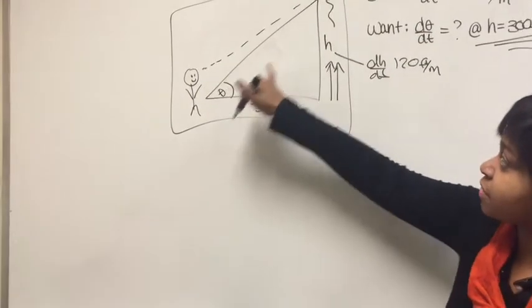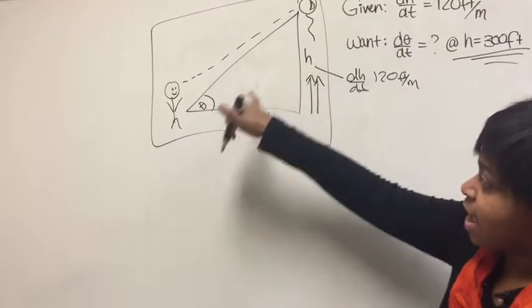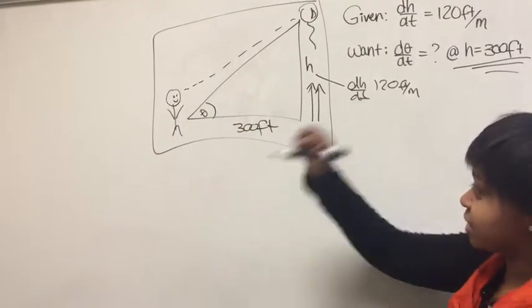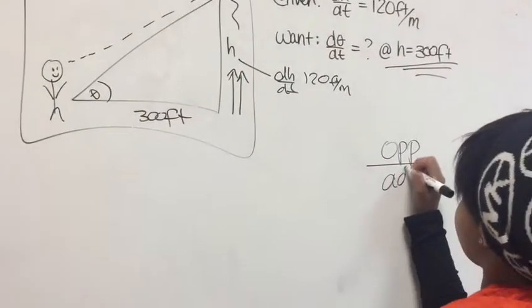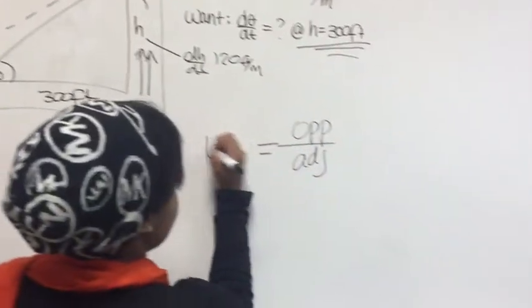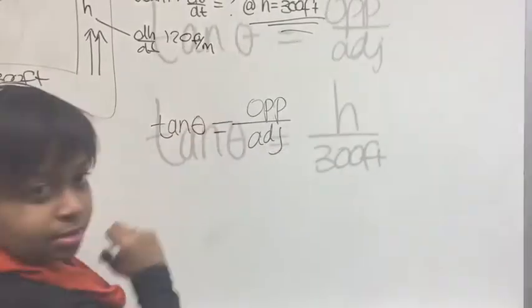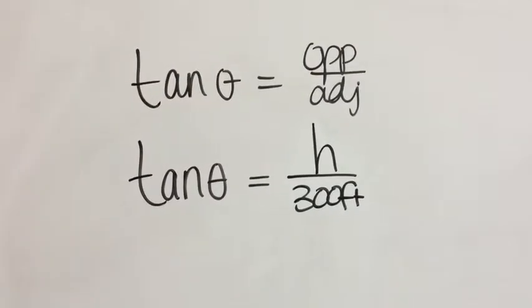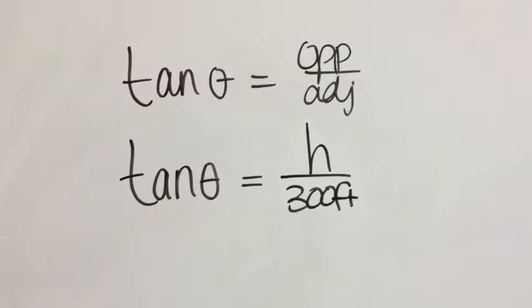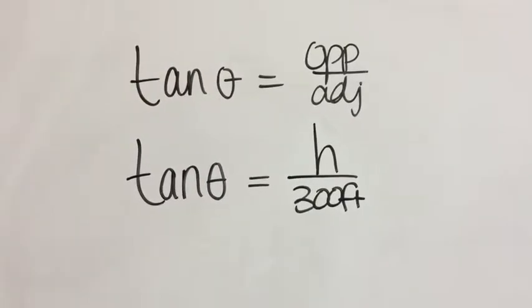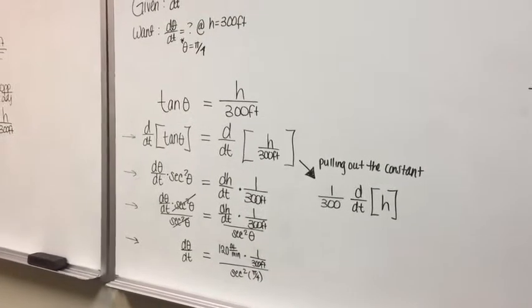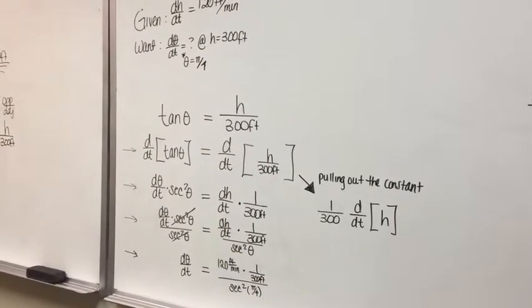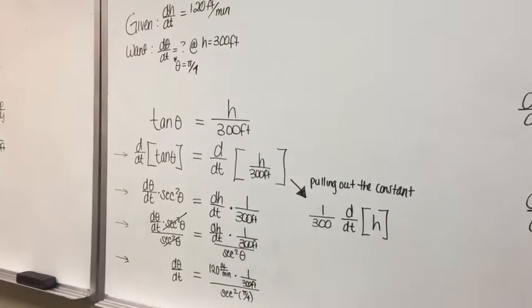Across from the angle is the opposite side, and next to the angle is the adjacent side. According to our trig facts, opposite over adjacent is the tangent. So once we plug in the opposite and adjacent values, we get the tangent of theta is equal to h over 300 feet.